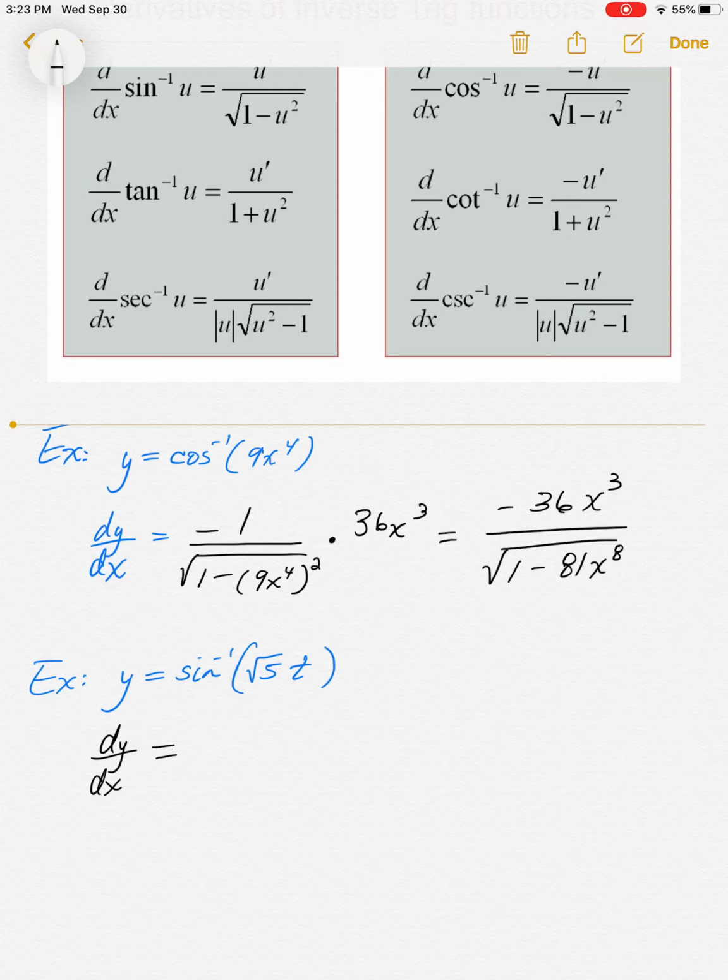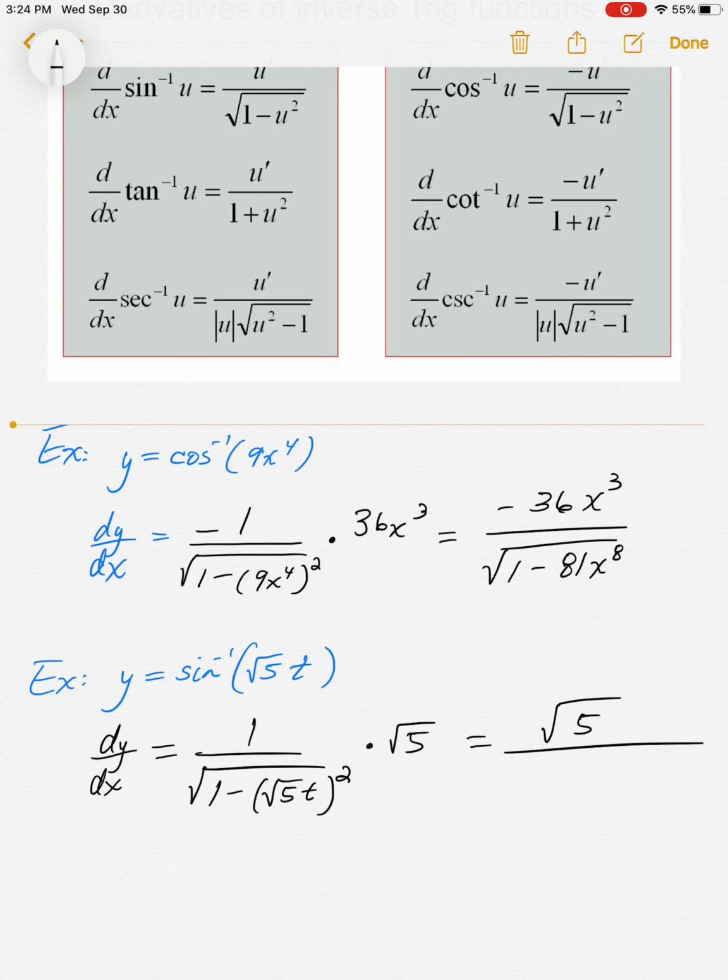dy/dx. Which tool do we need to refer to? Sine inverse. I have 1 over the square root of 1 minus u squared, 1 over the square root of 1 minus 5t squared, times the derivative of square root of 5t. That will leave me with square root 5. Final answer, square root 5 over the square root of 1 minus 5t squared.